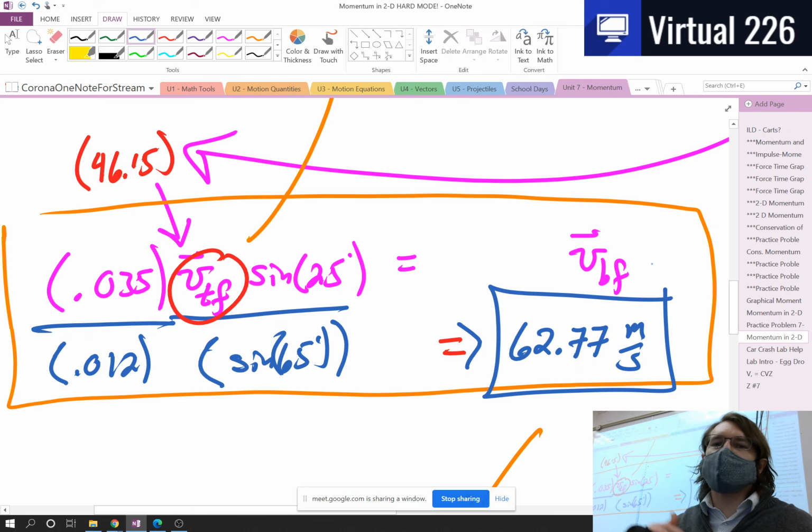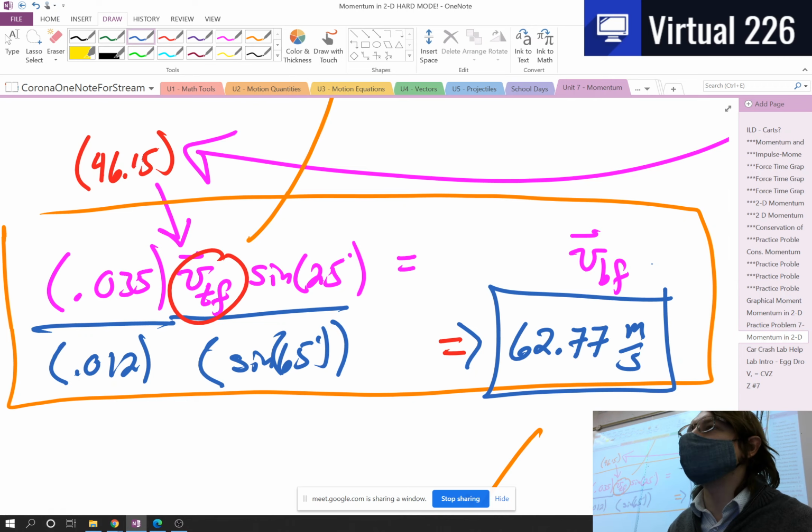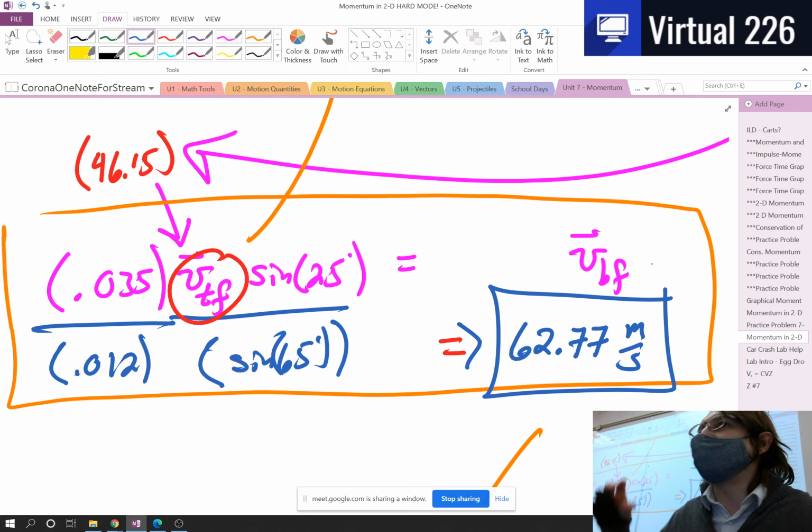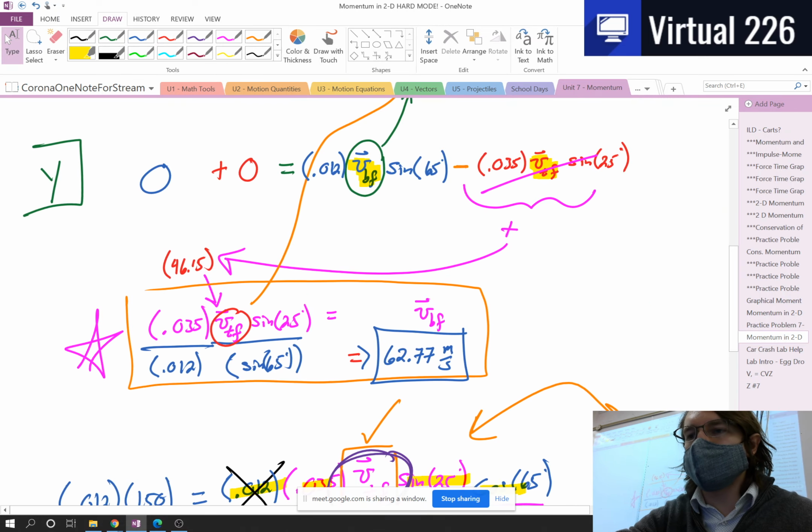So even though there was still a second part of the problem to do, we already did all the hard work to find it. And that's exactly what happened when we did all of the other substitution methods earlier in the year. We found out something like an acceleration, and then we just plugged it back in to find a tension. And snap, we were done. So nothing's changed from what we've done earlier in the year. We've done a lot of substitution problems like this.